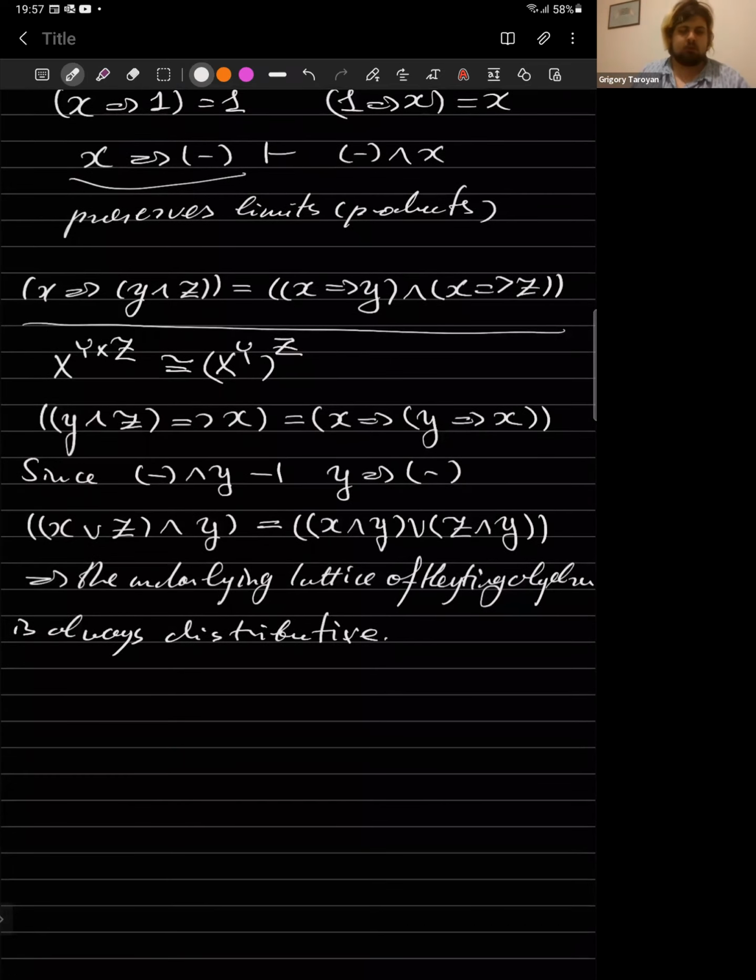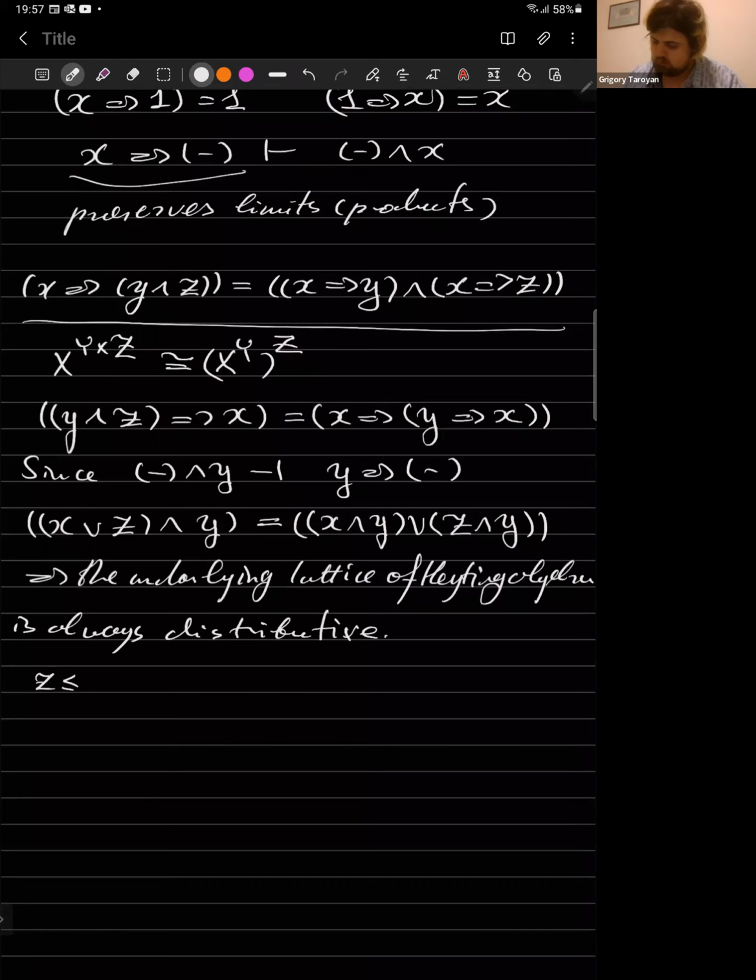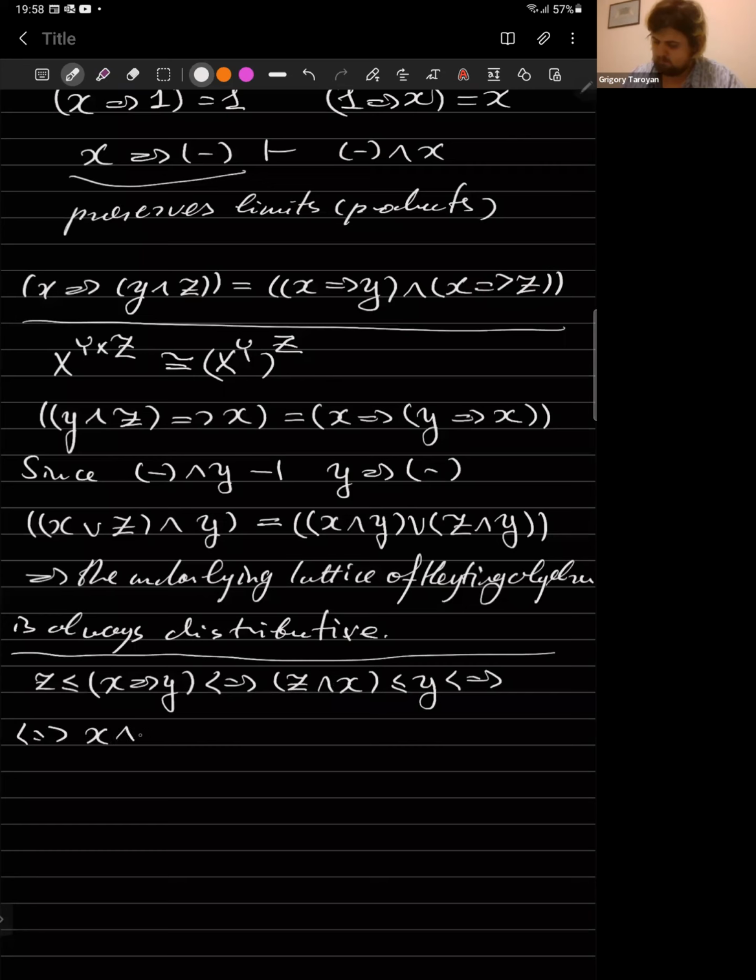We also can write down the condition that the multiplication is commutative and use the adjunction to form several other identities.